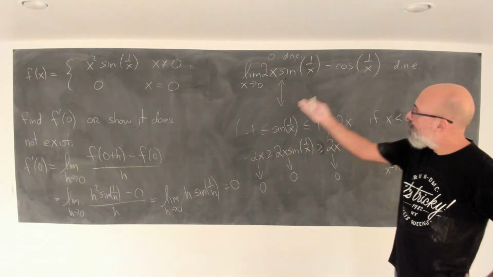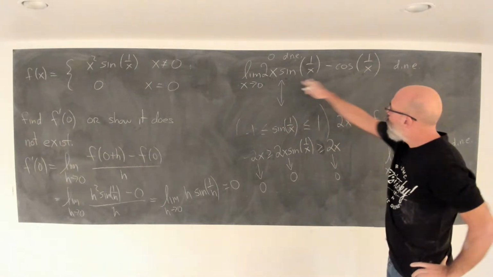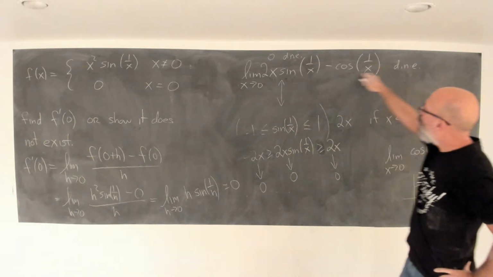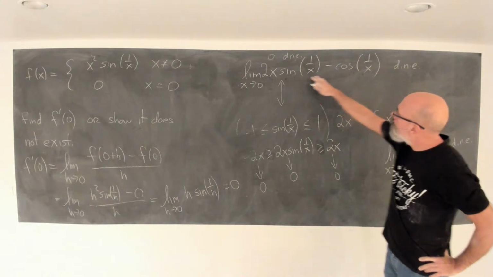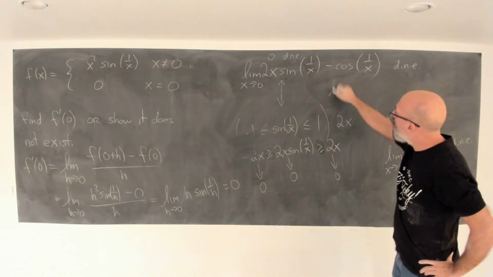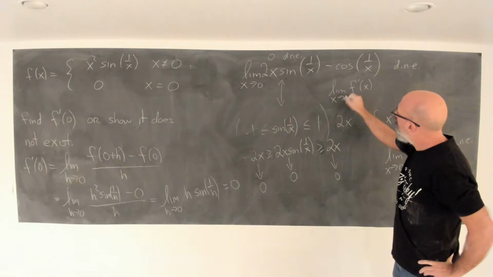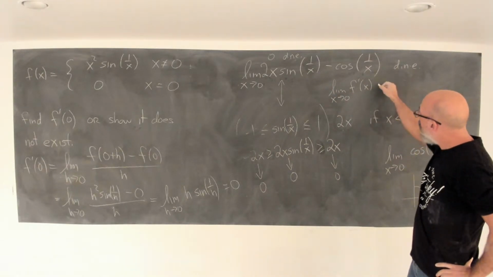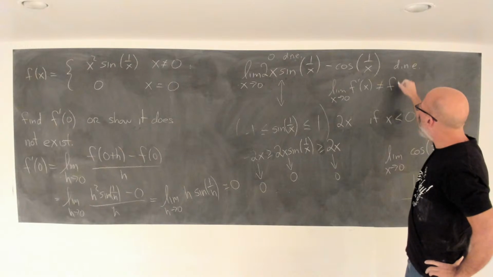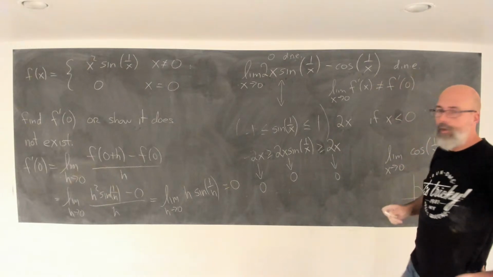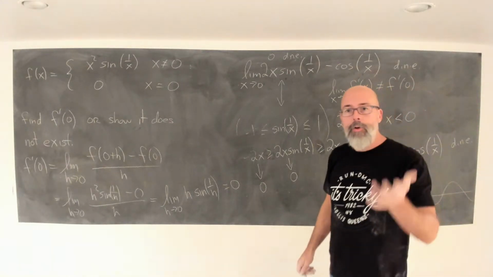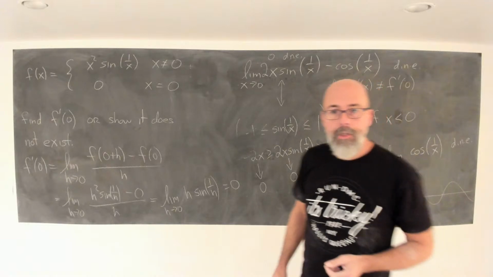And this is a nice example that shows, what does it show? This shows that the limit of the derivative does not exist, so it's not equal to the derivative at 0. In other words, the derivative is not continuous here.